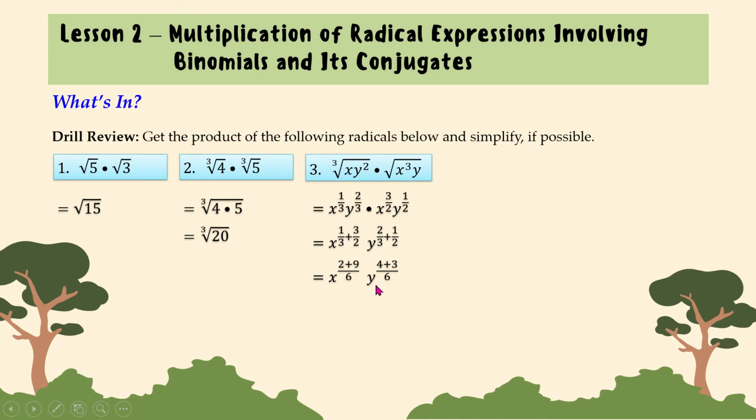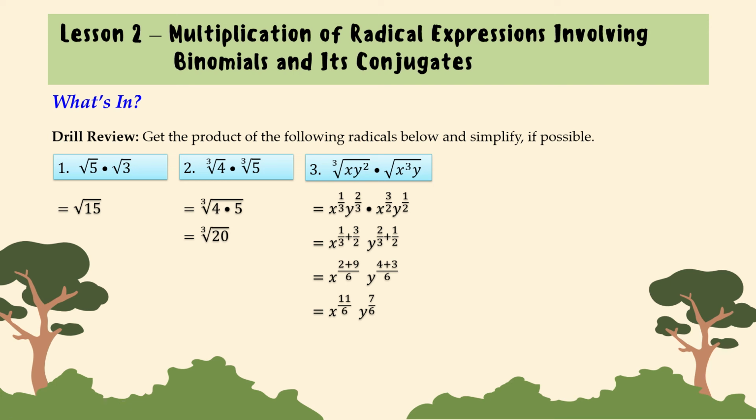For base y, 6 divided by 3 is 2, times 2, 4. 6 divided by 2 is 3, times 1, 3. Next, we add their numerators. 2 plus 9 is 11 over denominator 6. 4 plus 3 is 7 over denominator 6. Okay? So their exponents are now combined.